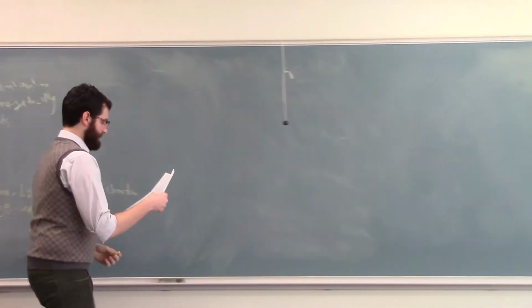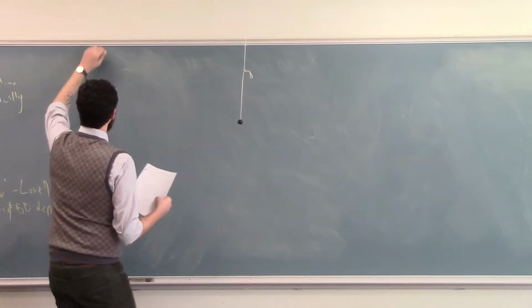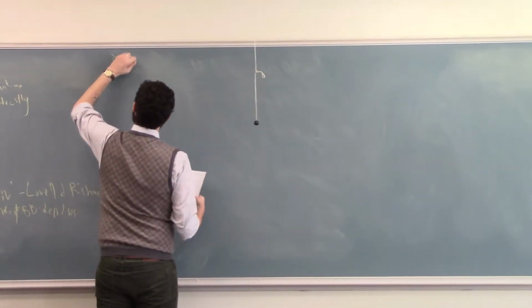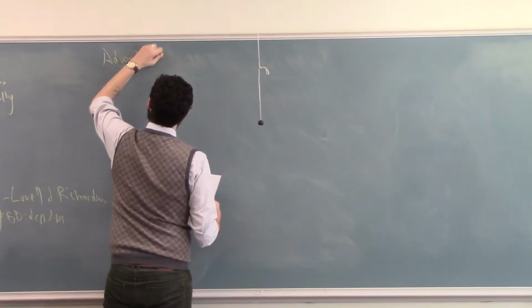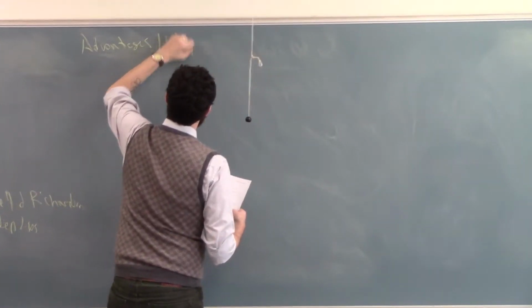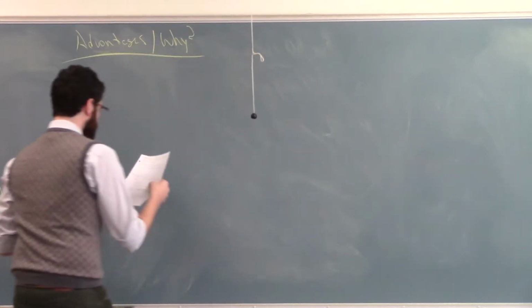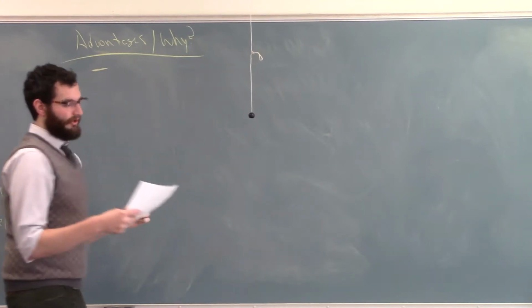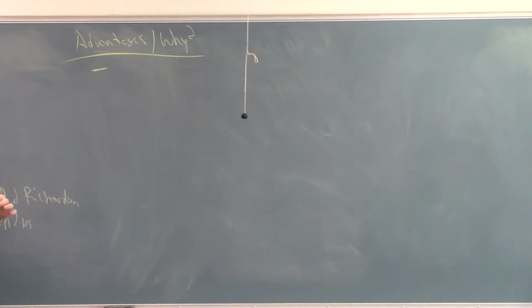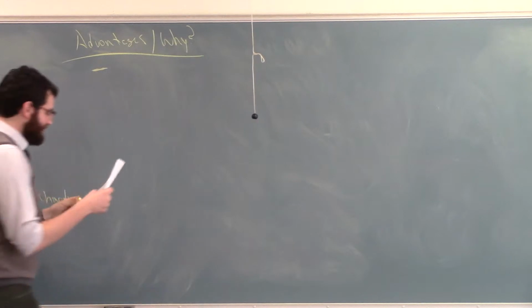So, what are the advantages of rotamer libraries? Why do we use them? Rotamer libraries significantly reduce the search space, even in the case of arginine.